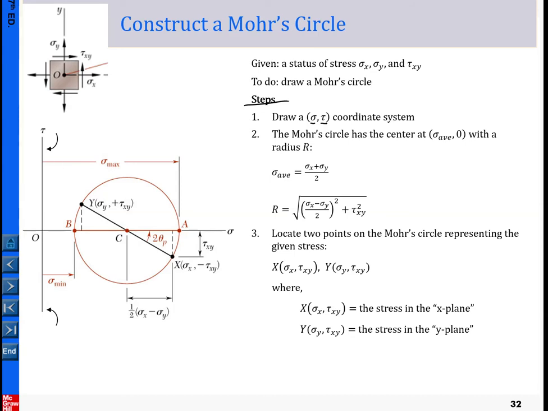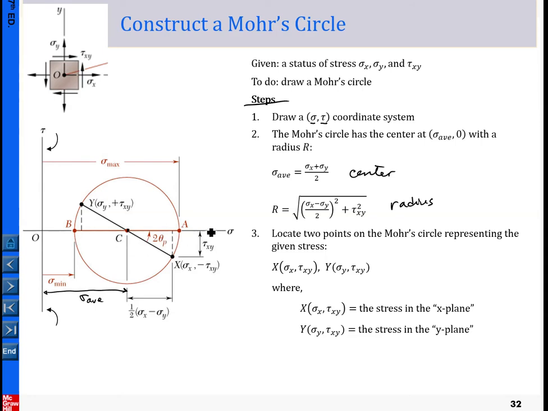Then you begin to locate the center and radius of this Mohr circle. The center is determined by the average. For example, here we locate the center here, and its location is determined by this average. And I would like to remind you the Mohr circle has its center always on the horizontal axis.